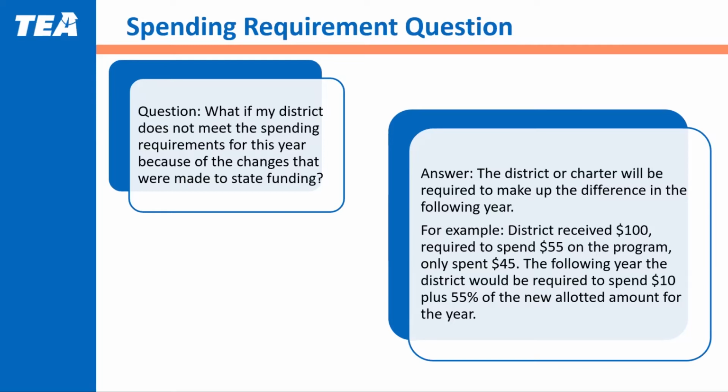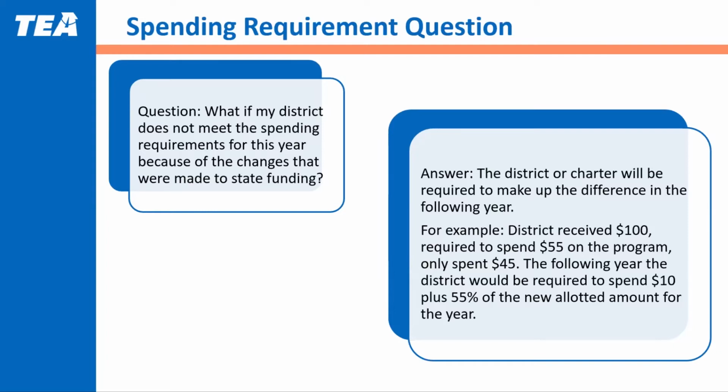So my example, if your allotment was $100, you were required to spend $55 on the program, and you only spent 45. Then the following year, whatever your new allotment is, you would have to spend the 55% of the new allotment with $10 plus the $10 of carryover from the previous year.